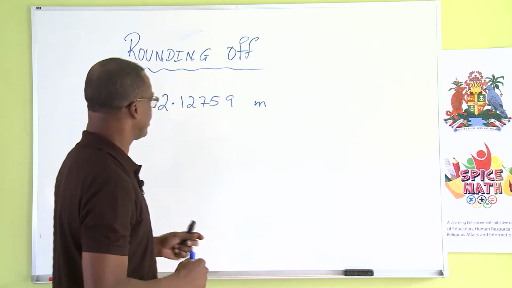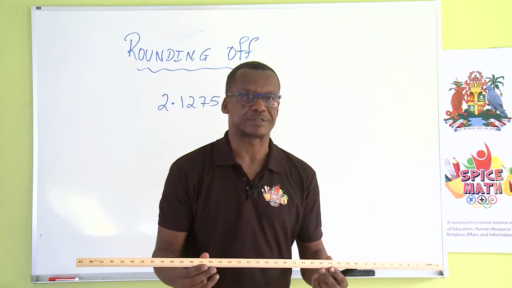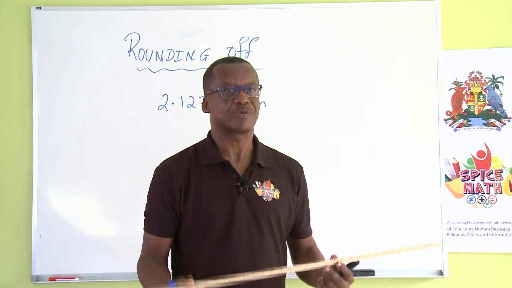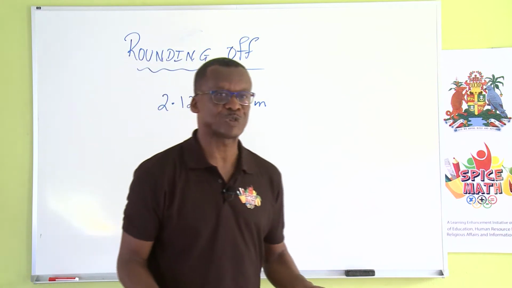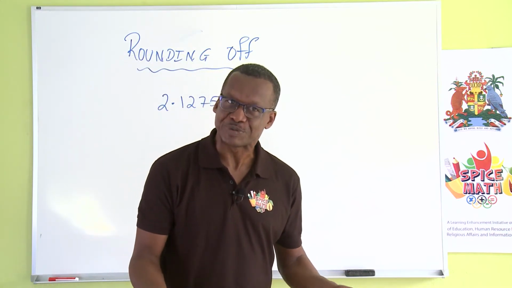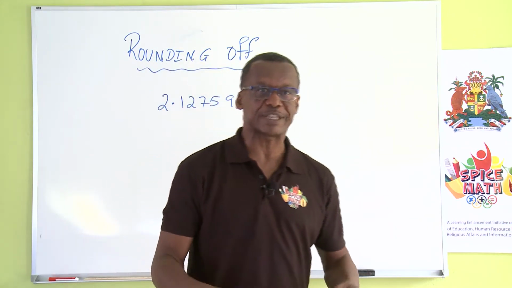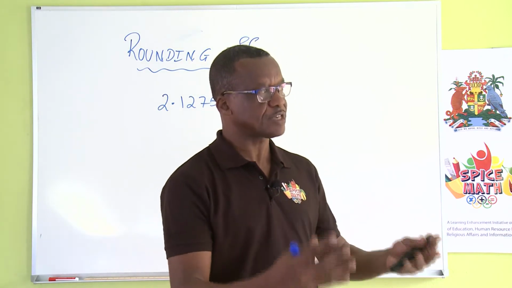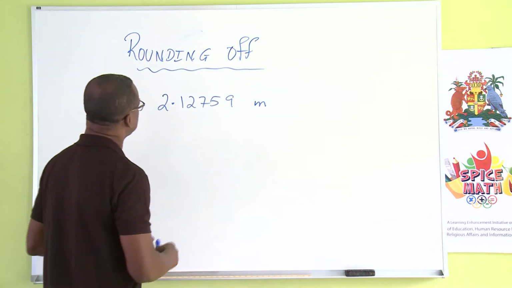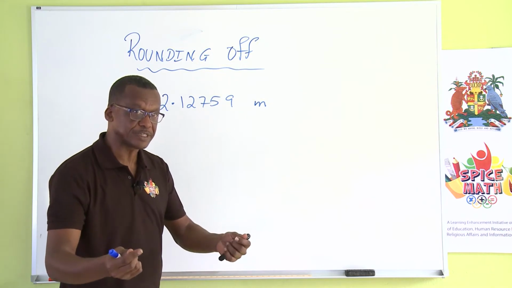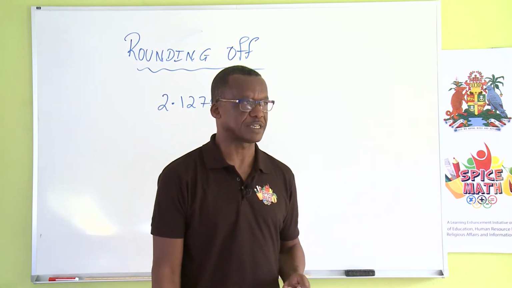But realistically, if you were to stand close to a meter rule, it would be almost impossible for you or I, with the naked eye that is, to represent 2.12759 on the meter rule. It would be more realistic then to convert that number to something that we can see or we can maybe touch, hence the word realistic. And so we can round it off to a certain number of decimal places or a certain number of significant figures, which we're going to look at a little later on.